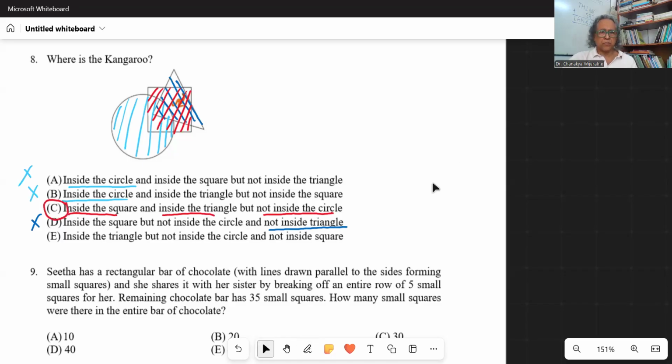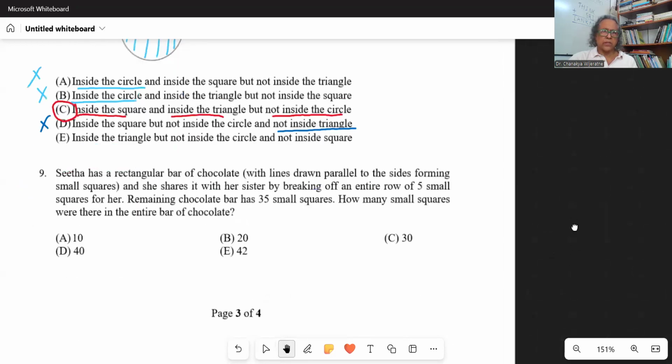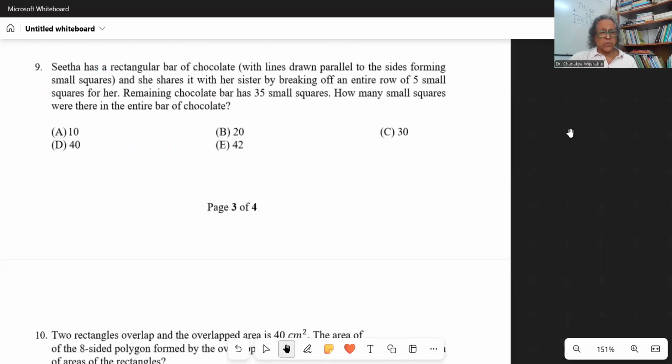Okay. All right. So let's move on to the next question. Now, you need to pause the video and do the question, right? Sita has a rectangular bar of chocolate with lines drawn parallel to the sides forming small squares. Yeah, this is how chocolate bars are, slabs, right?